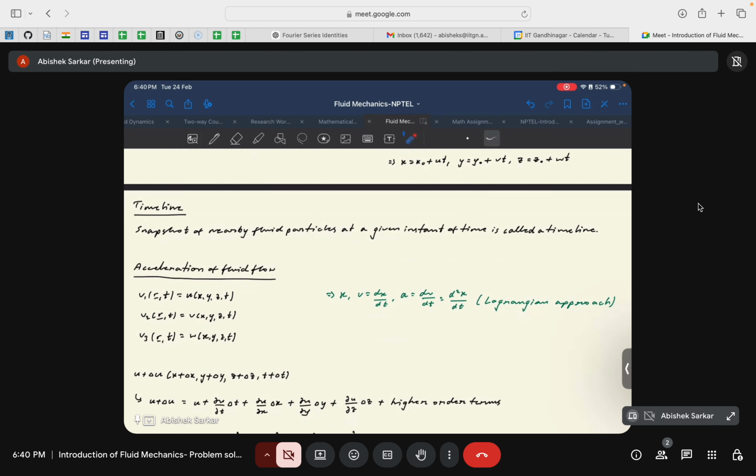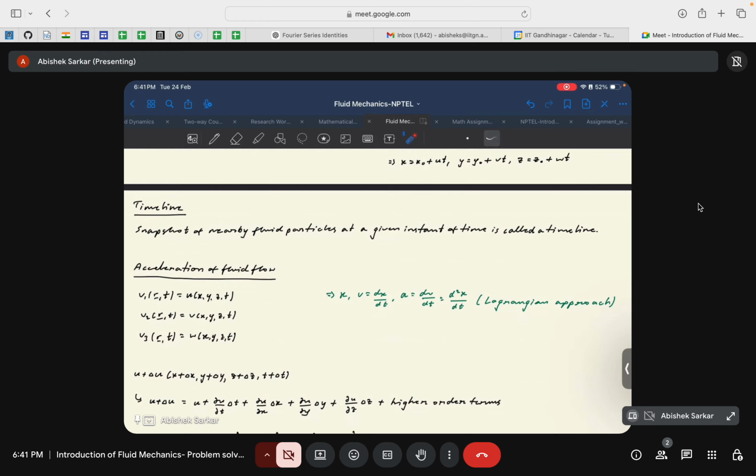But you won't be asked numerical questions on it, and it's very difficult to model numerically because you have to have the idea of the velocity at each and every point and the particle coordinate. So again, it's difficult to track it mathematically.